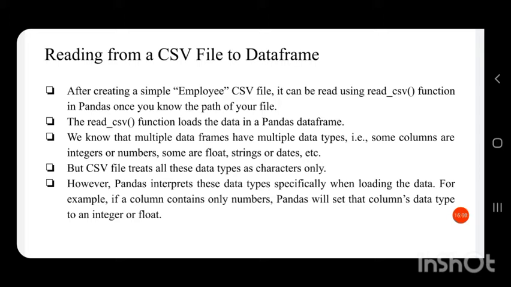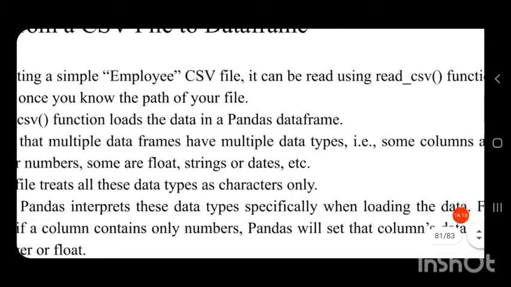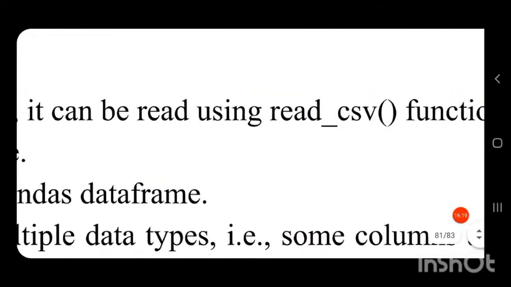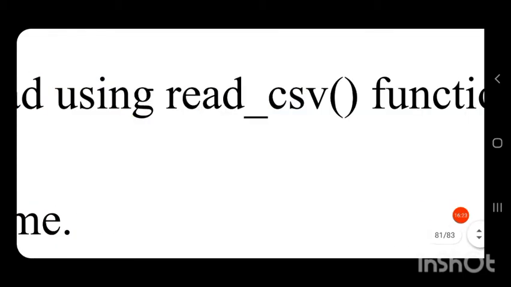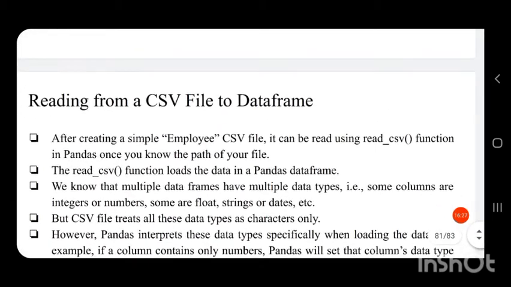Path means the location of our file where we have stored our CSV file. So if we know the location of our file, then by using the read_csv function, we can read a CSV file to a data frame.